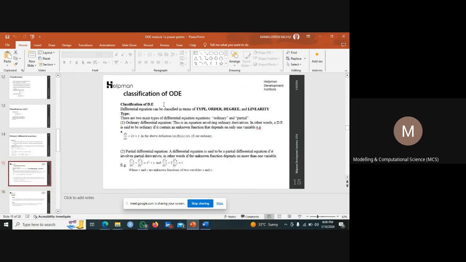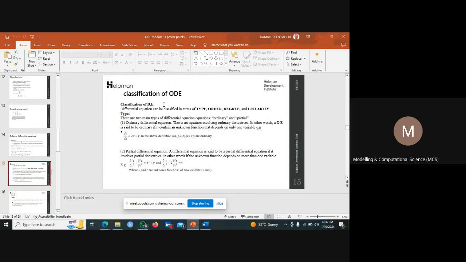So then, how do we classify differential equations? A differential equation is classified in terms of type, order, degree, and linearity. We have two types of differential equations.